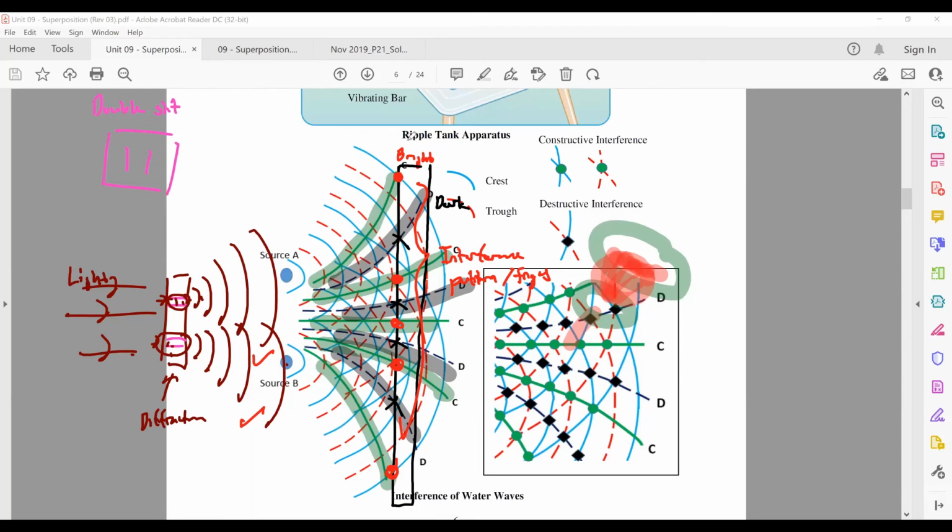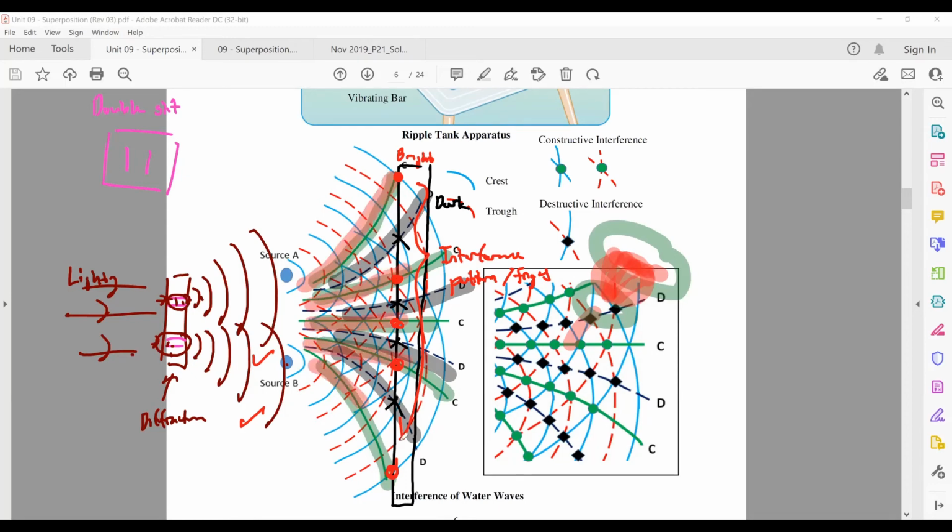So remember just now, when the waves overlap, you were supposed to have regions of constructive and destructive interference. So rather than shining light onto the interference pattern and expecting to see a shadow, why not just make the room completely dark? If you make the room completely dark, you ought to see these beams of light.